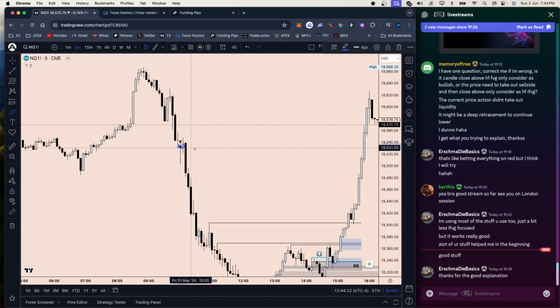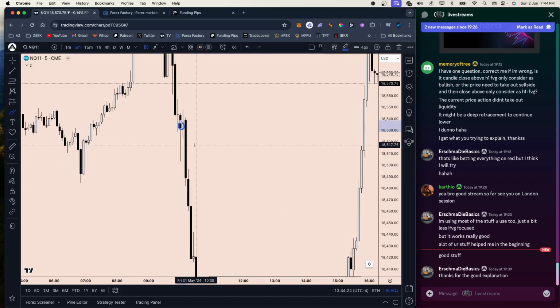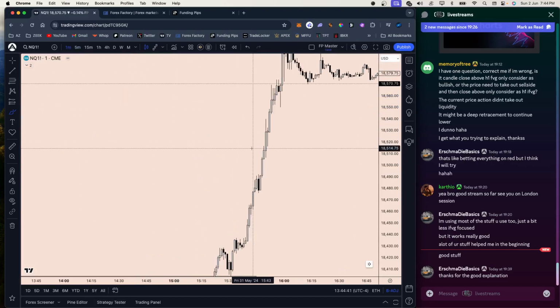Yeah. I think right here I took a long because I wanted to see the VWAP, the bearish fair value gap, and the midnight level right up here being retested before we continue lower. And then I would have waited for the short, essentially the invalidation of the long. Let's see where we're at right here.